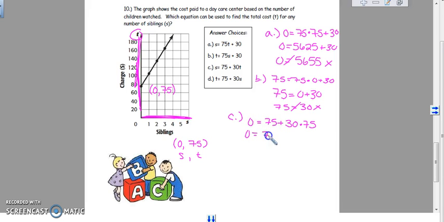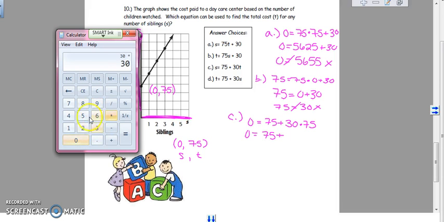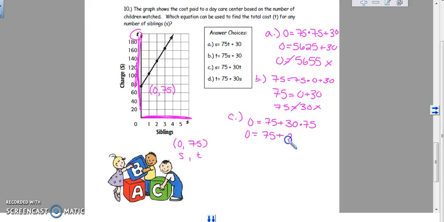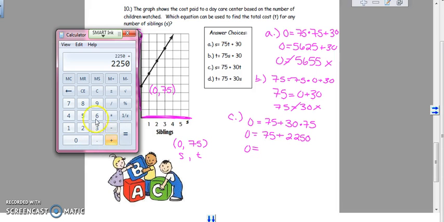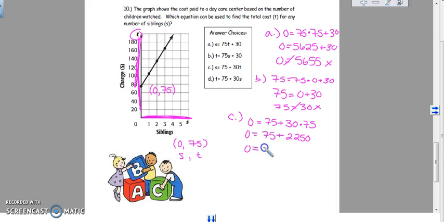So 0 equals 75 plus 30 times 75, which gives me 2,250. When I add that to 75, I get 2,325. Let me just check. Yep, that obviously does not equal 0.